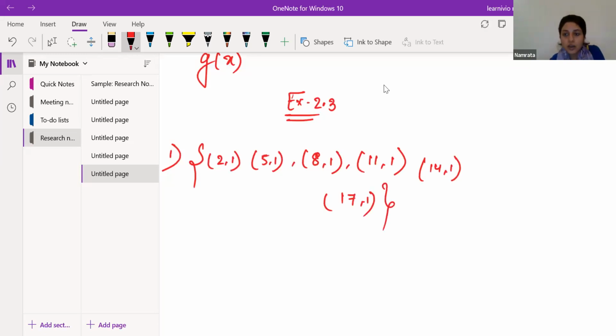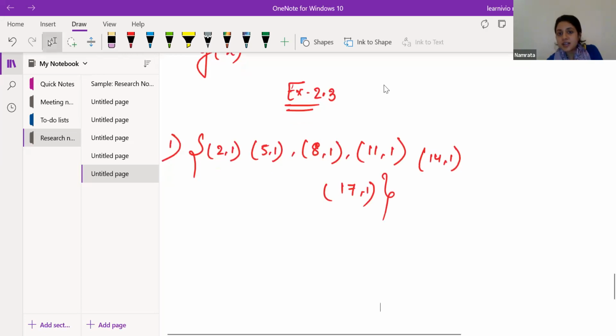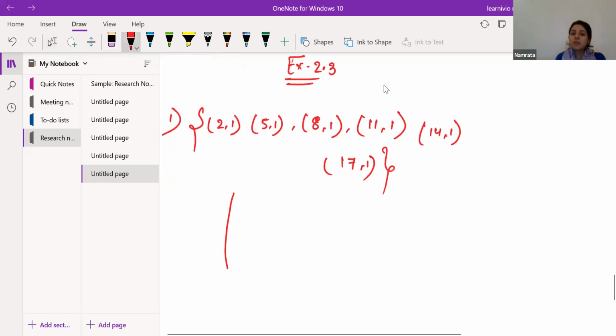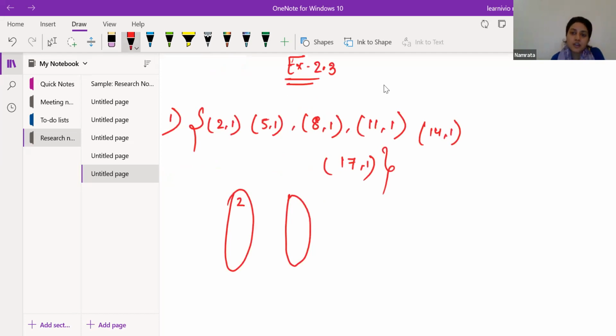Is it a function or not? To understand it, we can draw the mapping diagram like this. It's a function. Yes, ma'am. Everyone, do you agree it's a function? Yes, ma'am. Okay, let's see.